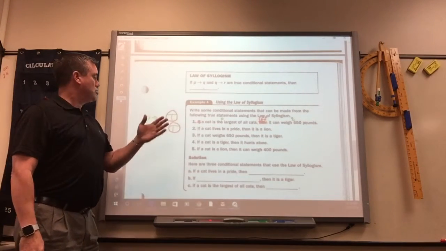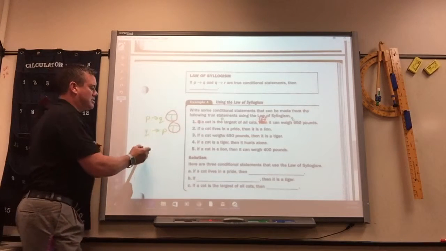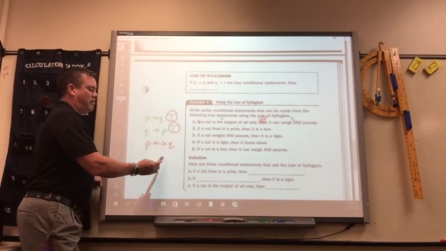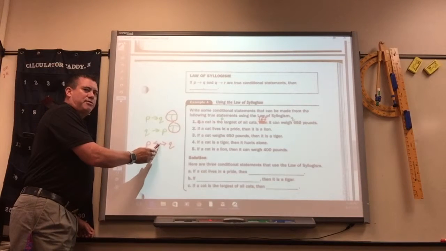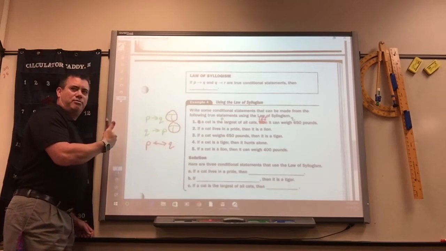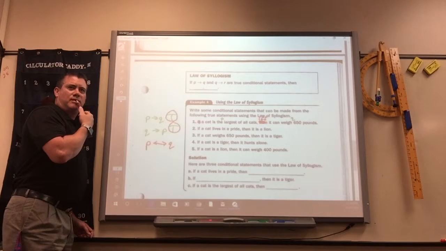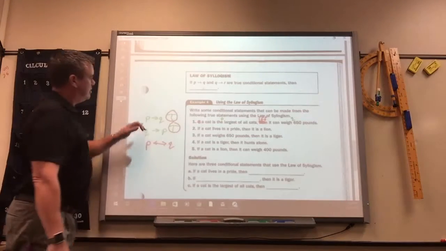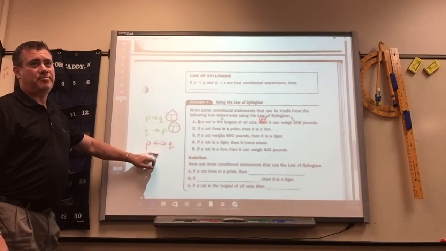Okay? So the easy way to write that with these is you put a double-sided arrow on it. So this is the if and only if. These are if then, and this is if and only if. Okay? Everyone got that? That's really all we need to know is what these symbols mean.